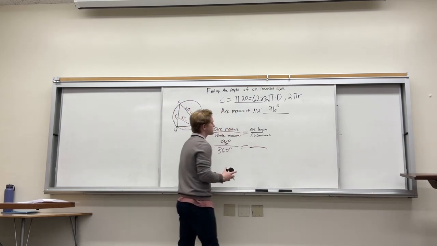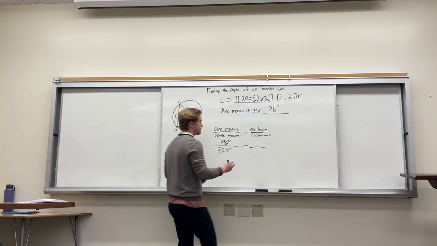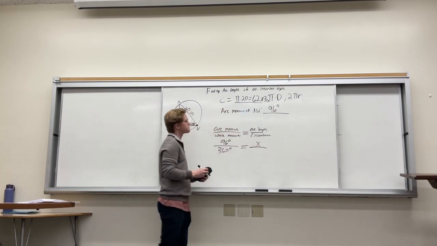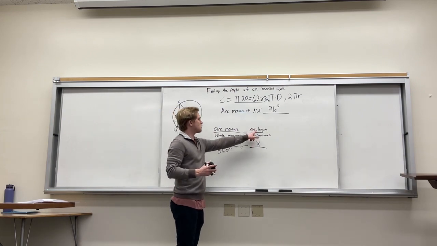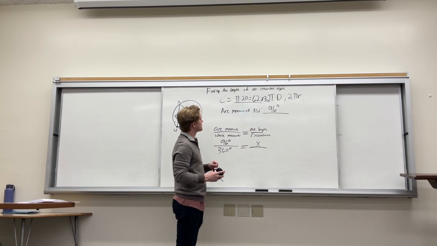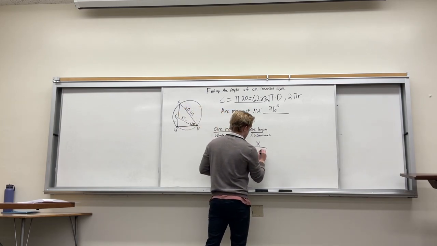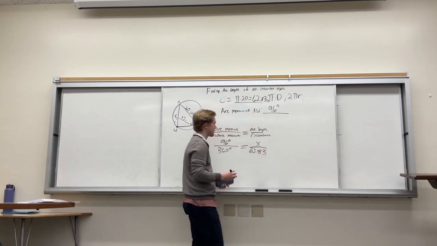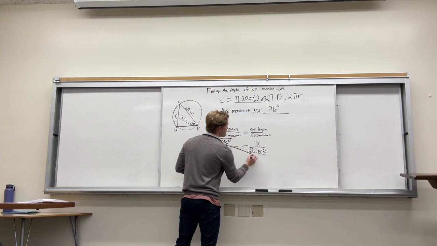And that is equal to the arc length. We don't know what our arc length is. It's what we're solving for. So I'm going to say it's x. Now we need to put our ratio of our arc length divided by our circumference, which we saw was 62.83.